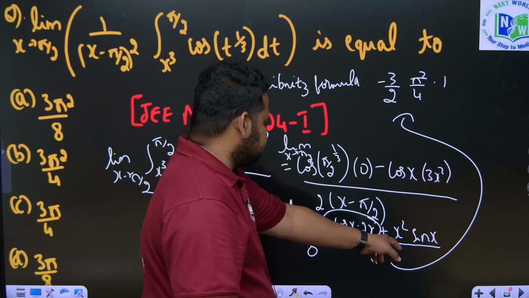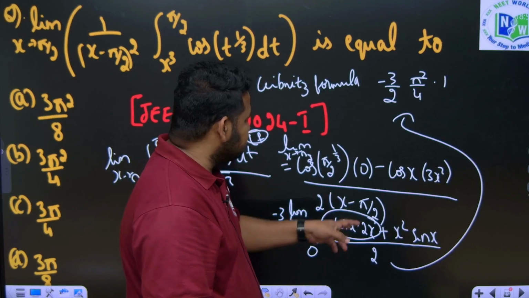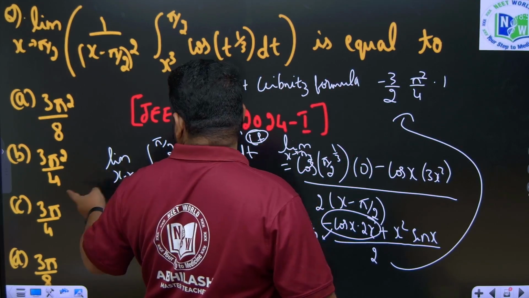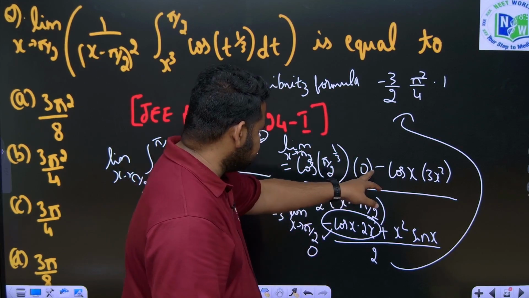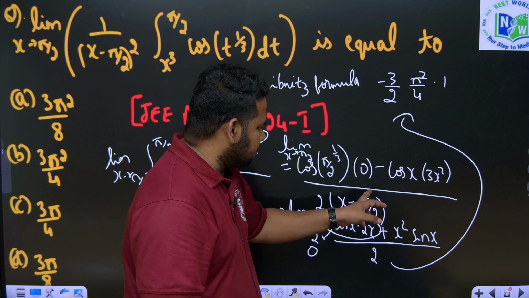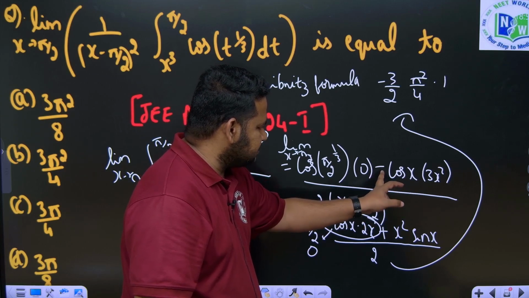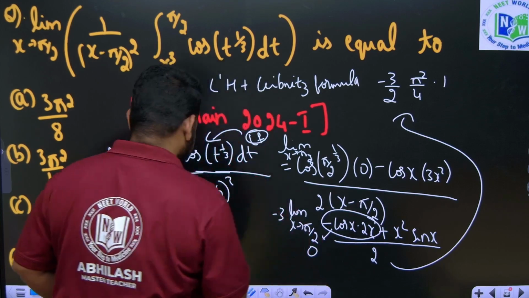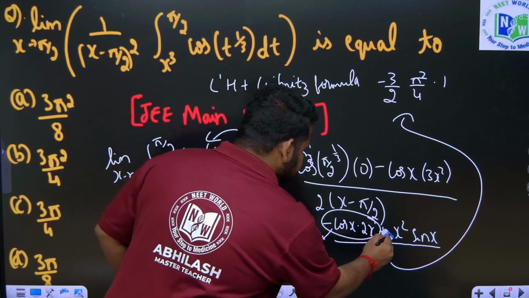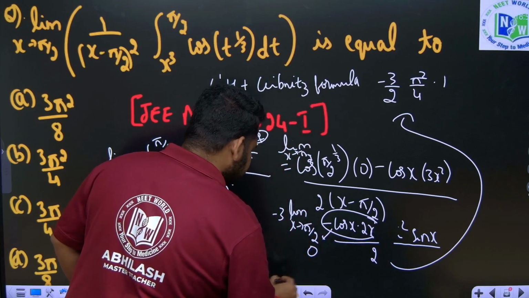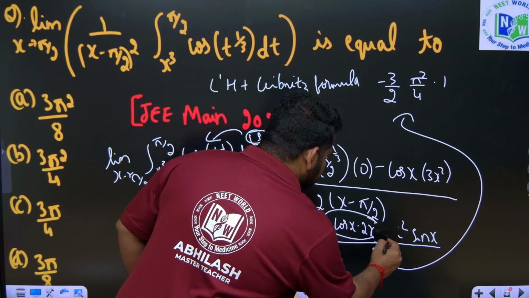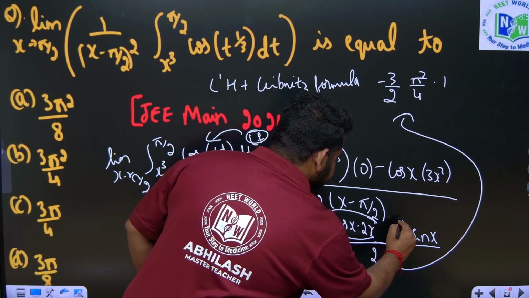Actually here this is minus cos x into this thing. Okay, again it is not minus, it is plus. Just a minute, cos x, x square will remain as it is.